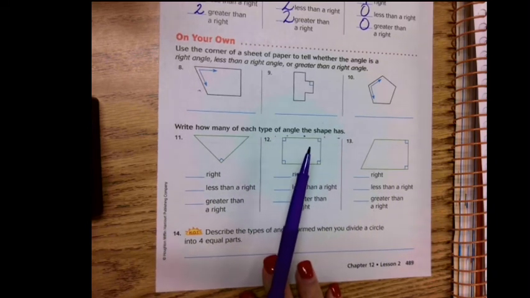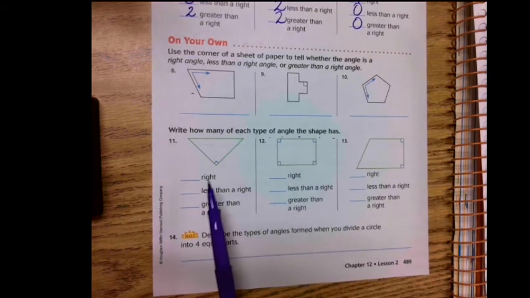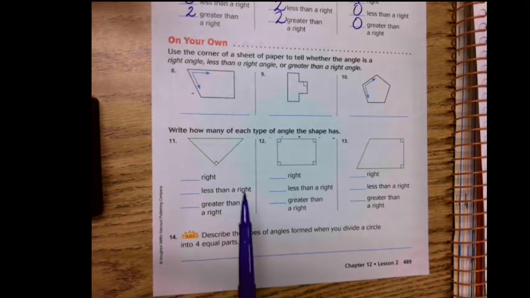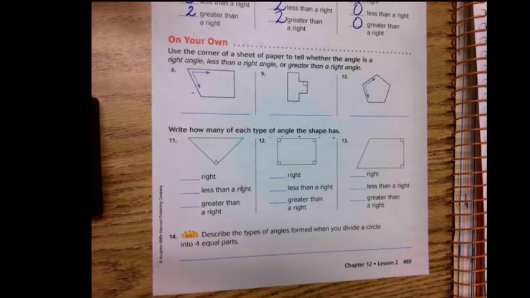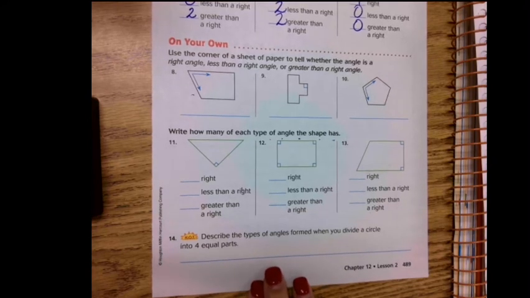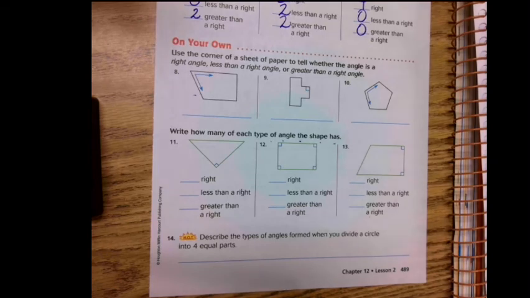Just like we did at the top, okay? So down here, you're going to tell me how many right angles there are, how many less than a right, and how many greater than a right angles there are for each of these shapes, okay? It's not too bad. That's all you're going to have to do is problems 8 through 13, and then submit those in Google Classroom, okay?